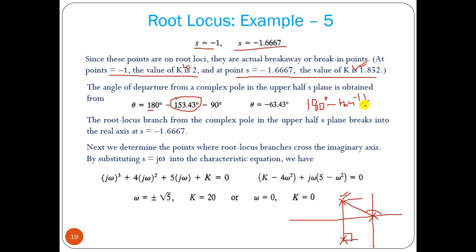It is tan inverse of 1 by 2. That value you can calculate. So theta value is minus 63 degrees, so it should come this way.